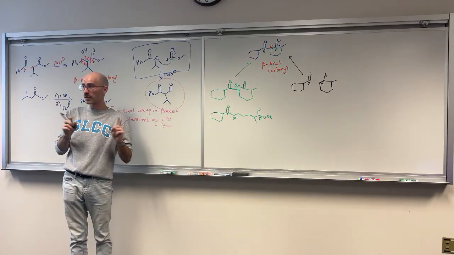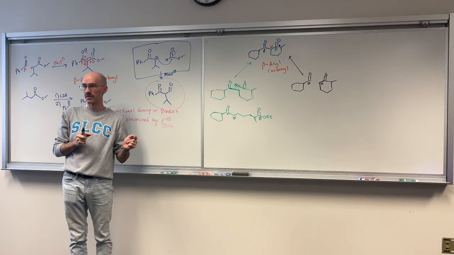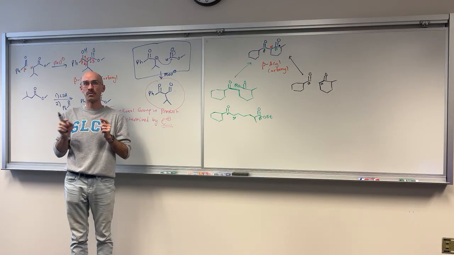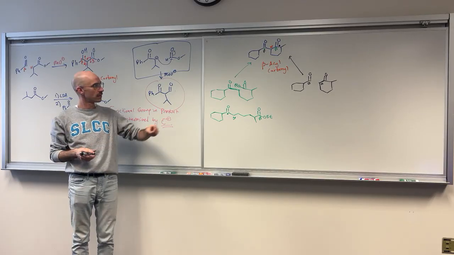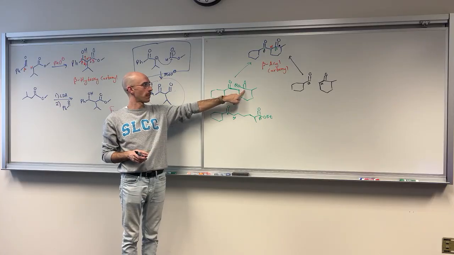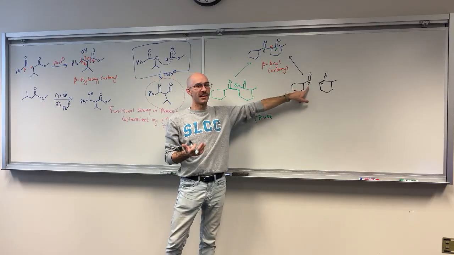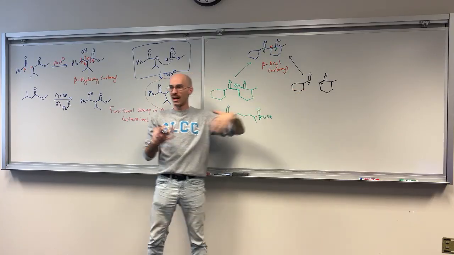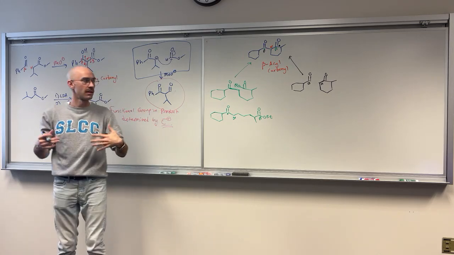Do you see that we broke a different bond this time? Because we called beta something different. Here, beta was on the right of alpha. Now, beta is on the left of alpha. I'm cleaving a different bond.